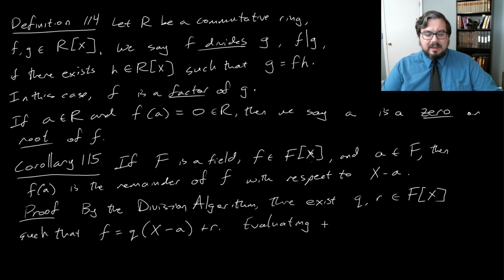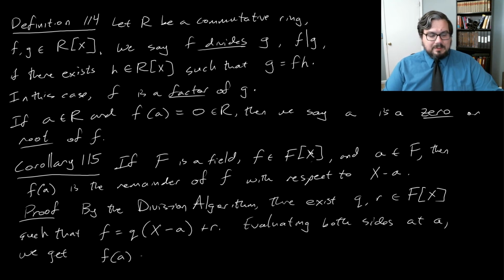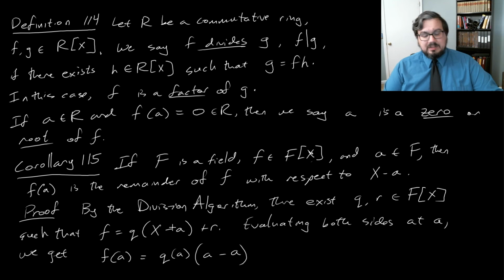So evaluating both sides at a, we get that f evaluated at a is equal to q evaluated at a, some polynomial, times a minus a, because evaluating means replacing all the x's with a's, plus r of a. But remember that r is just a constant polynomial, and so evaluating a constant polynomial just gives you that polynomial back, essentially.